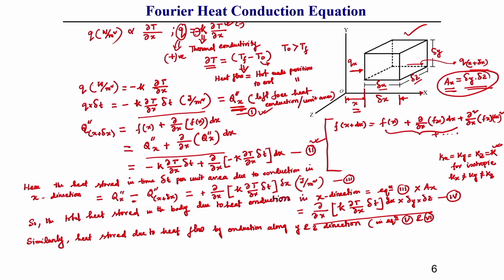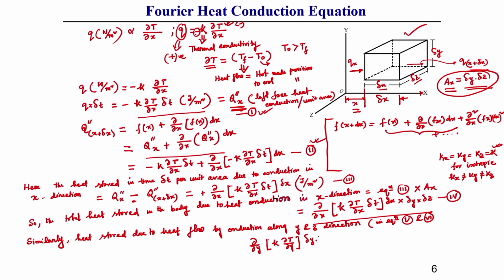What should be the heat stored due to heat flow along the y axis? It can be represented as del by del y of k del T by del y, times delta y.